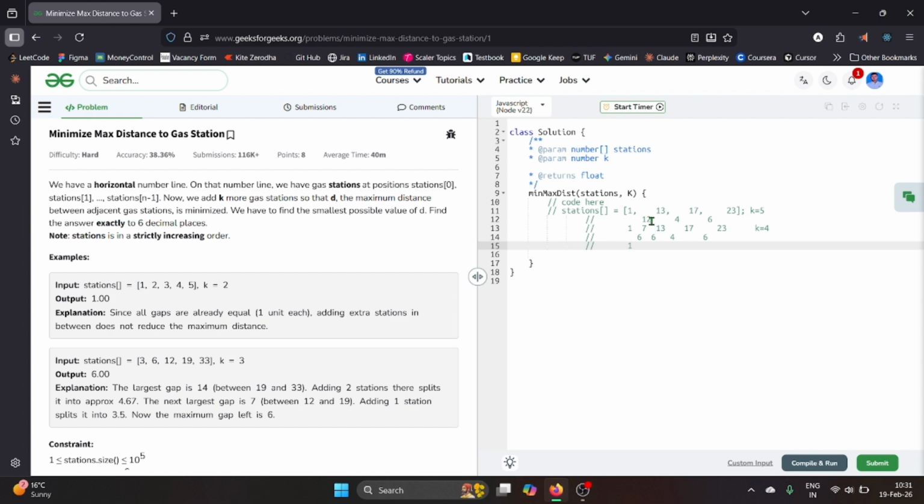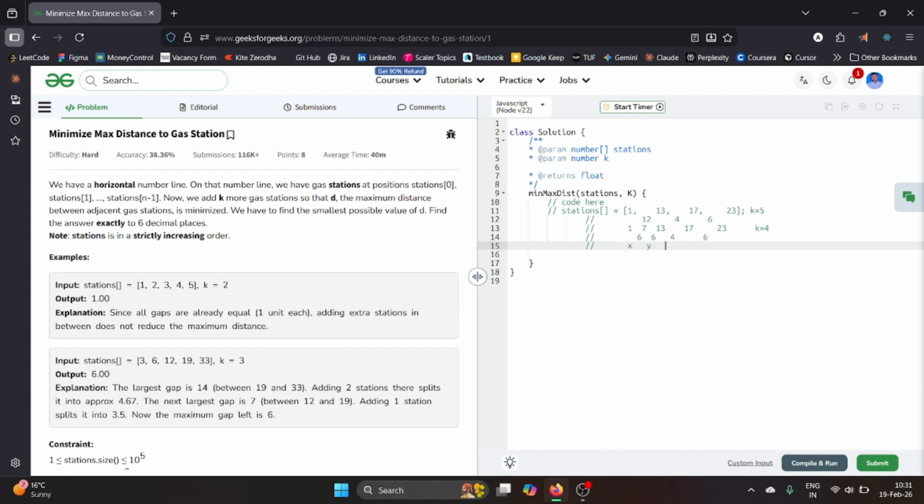If we divide with two gas stations, then the gap will be 3. Let's see the example first: gas station X, gas station Y, and gas station Z.